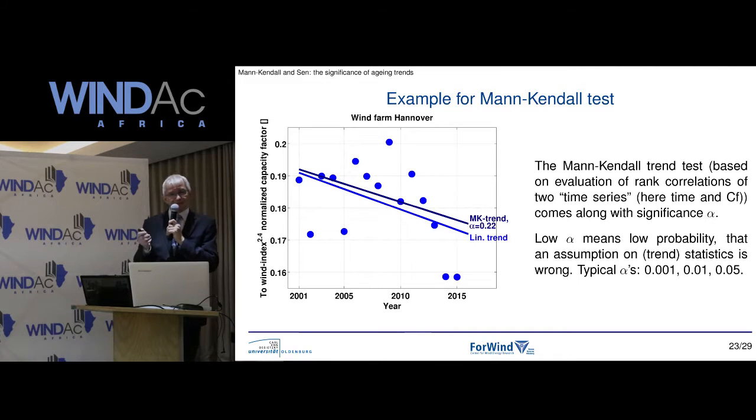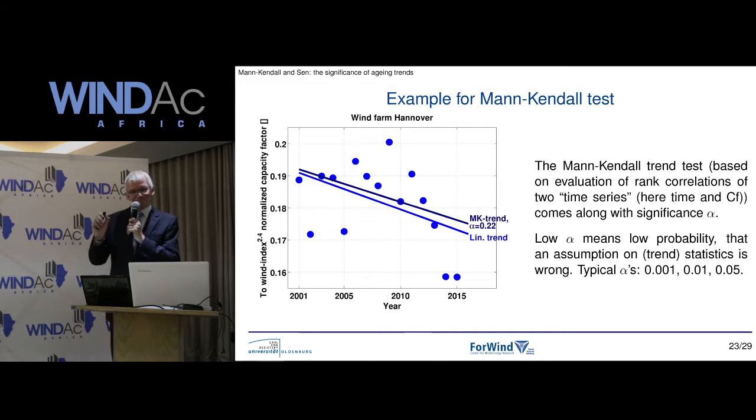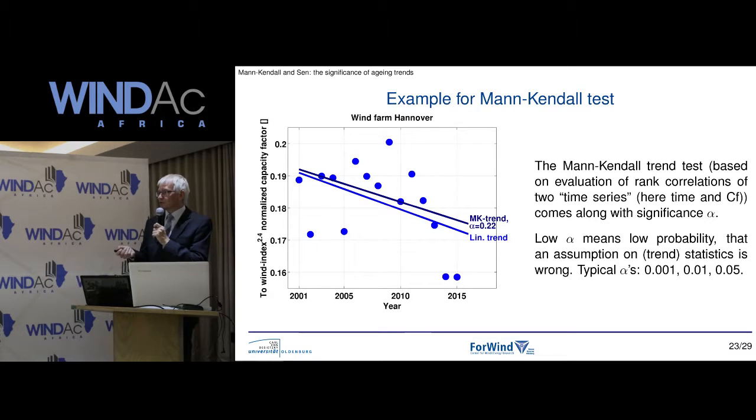Usually in statistics we work with high significance levels like 0.001 or 0.01. And we see that the Mann-Kendall trend has a very bad significance level, only 0.22. So should we really trust this? And if this trend is not the correct one, which one is?